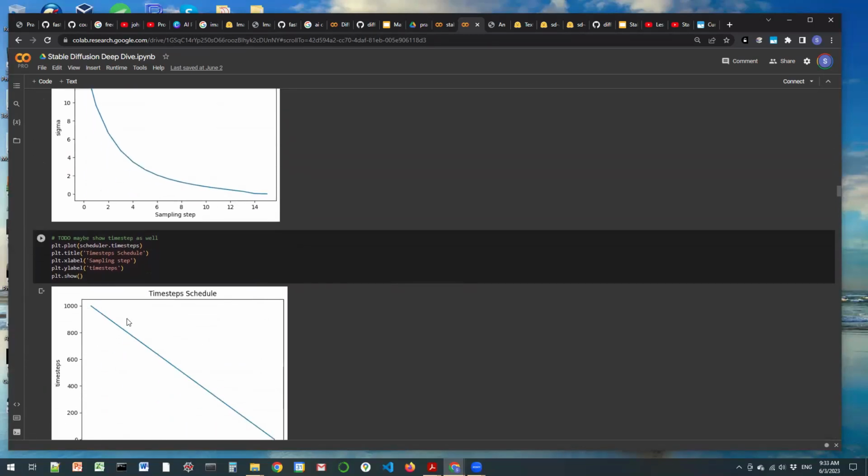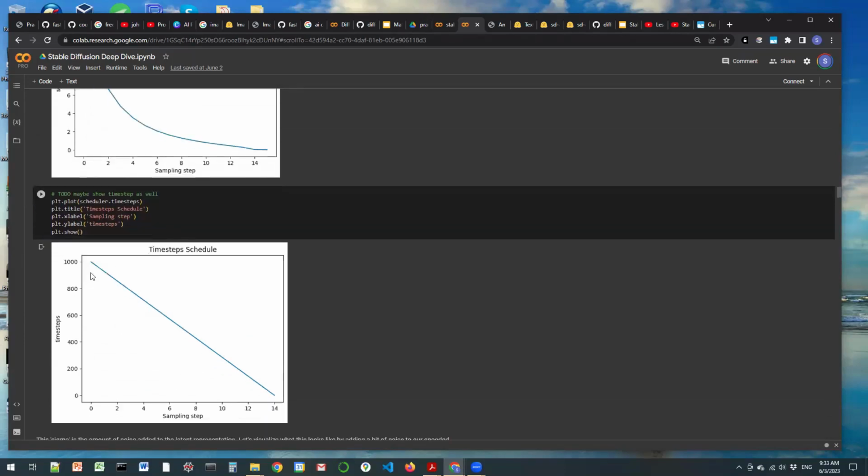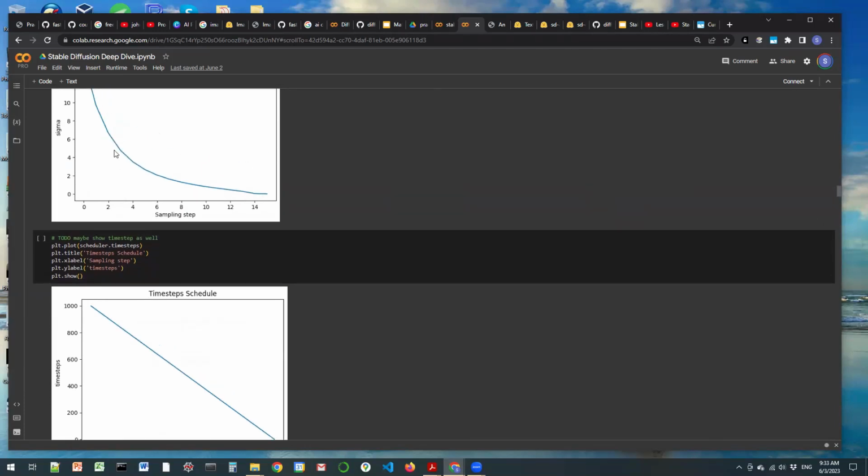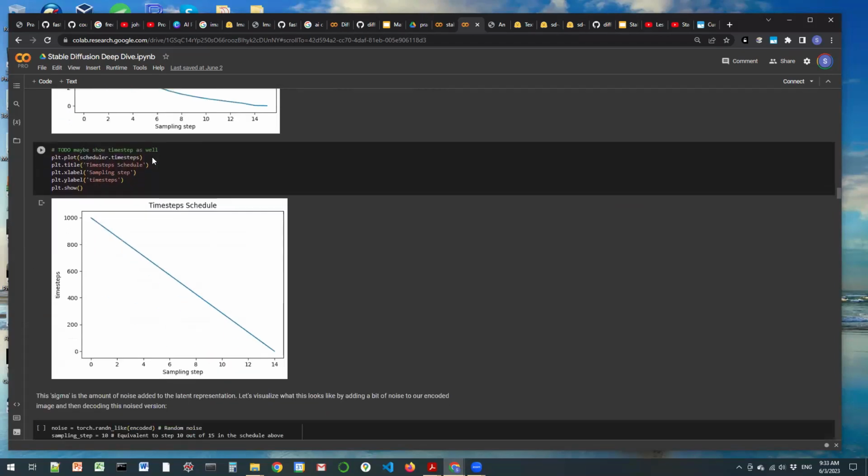The time steps, on the other hand, are just linear. So that's why, exactly to your point, Sujit, you just use the time step as a pointer to the amount of noise that you need to predict if you're in training, that you also predict when you're in inference, but then you subtract it from the latents.